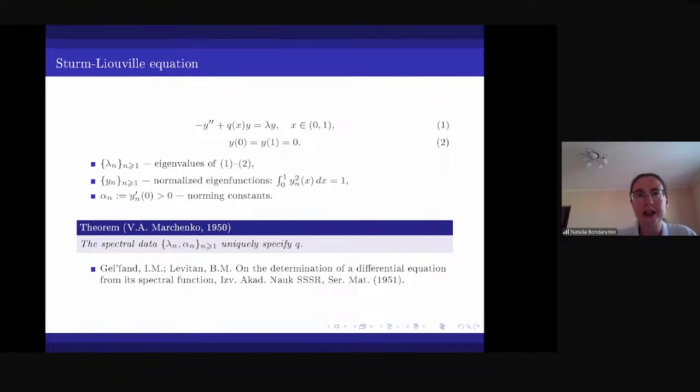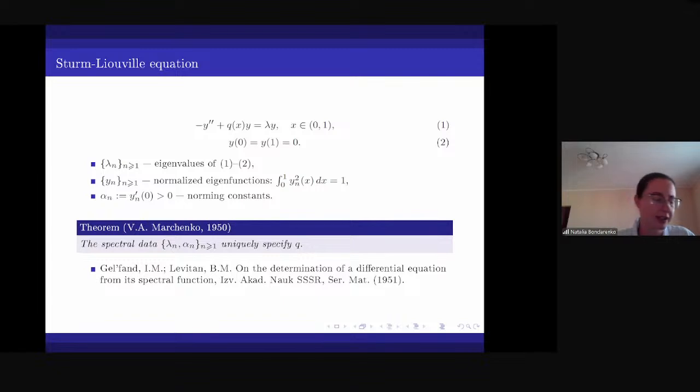The uniqueness theorem for this problem was first proved by Marchenko in his paper of 1950. Later on, Gelfand and Levitan developed the famous method for solving this problem. Actually, Marchenko and Gelfand and Levitan considered slightly different boundary conditions, but it is not important here.